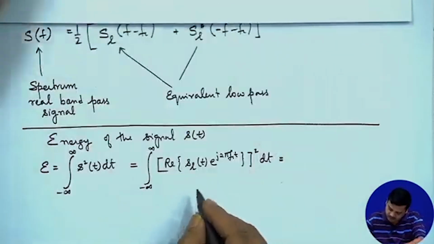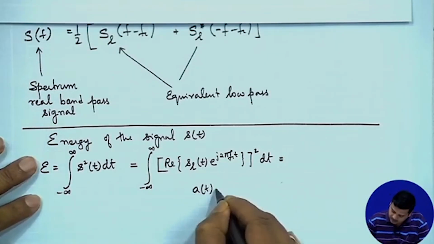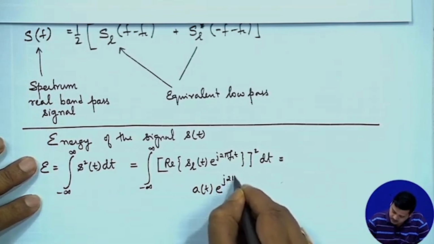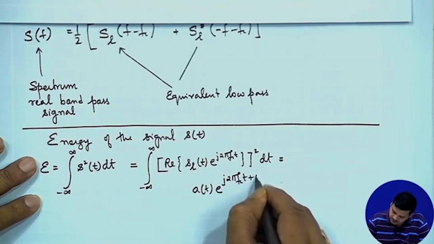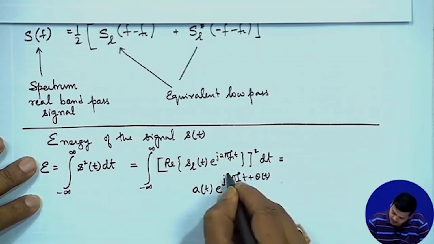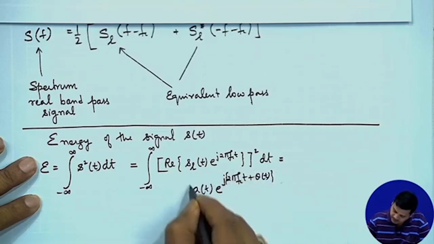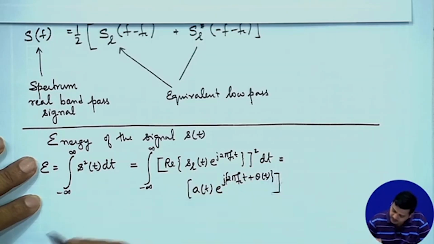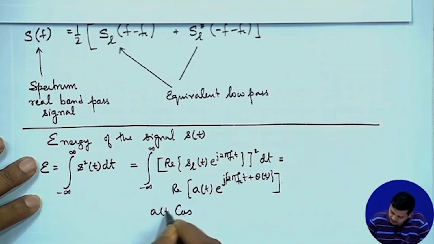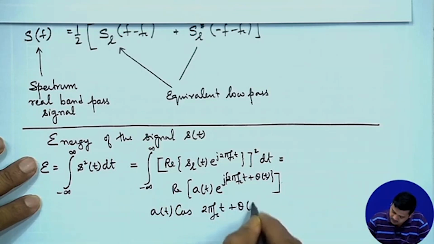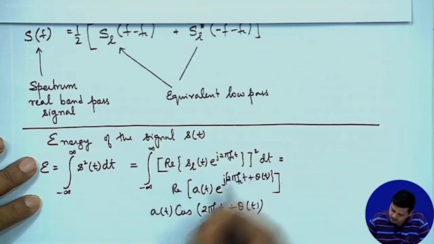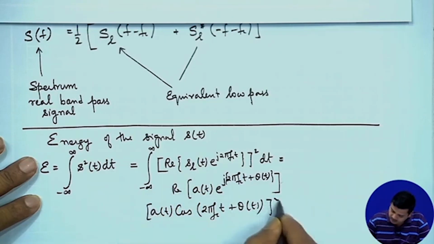So, you can get it as A(t) e to the power of j (2 pi f_c t plus theta(t)) inside, and you are going to take the real part of it. You are going to get A(t) cos of (2 pi f_c t plus theta(t)). This is what you get inside this box bracket, and there is a squaring of it.